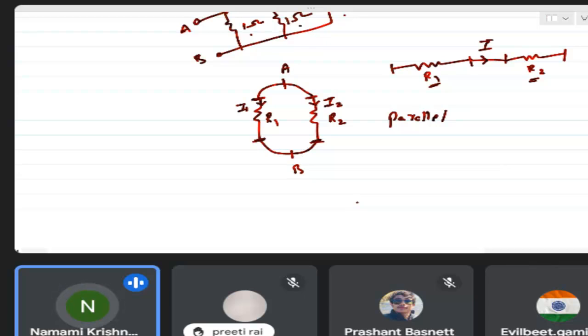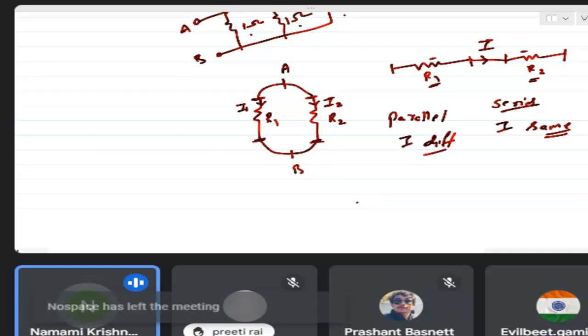If the current is the same in both R1 and R2, then your connection is in series. For series connection, the current is the same. For parallel connection, the current is different, and the two terminals of all resistances are shorted: the starting terminals together and the ending terminals together. You can find n number of questions on series parallel combinations.